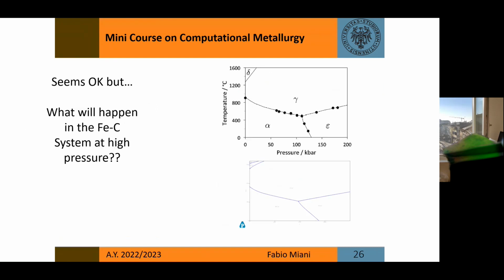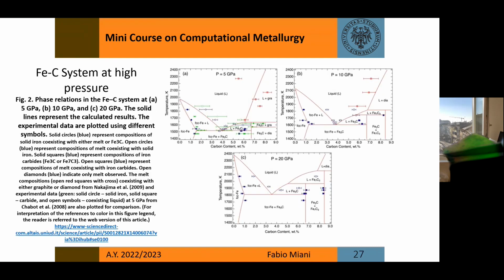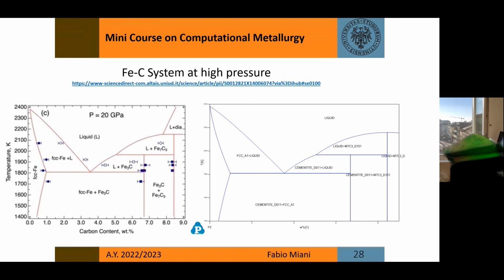This is for pure iron, and this is for iron, carbon, and pressure. Different effect for 5 gigapascals, 10 gigapascals, 20 gigapascals. And this is figure 2 of the paper.